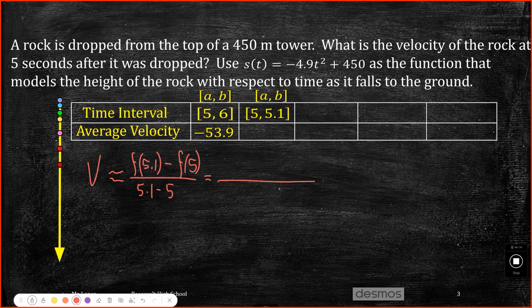Negative 4.9 times parentheses 5.1 squared, plus 450. Okay, so I'm getting, what are you guys getting?